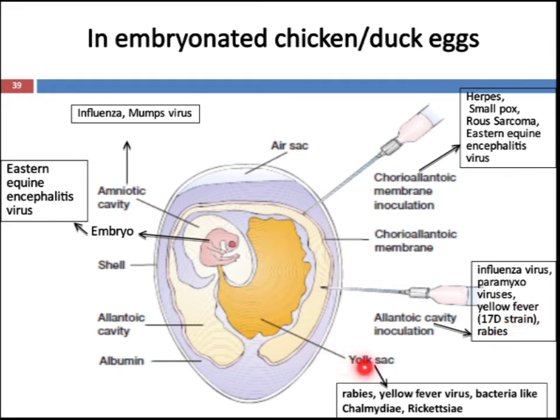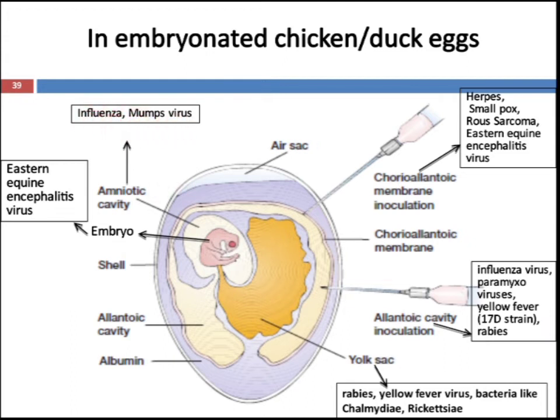And in yolk sac, we will inoculate with rabies virus, yellow fever virus and bacteria like chlamydia and rickettsia. And in embryo, we will inoculate with Eastern equine encephalitis virus, and in amniotic cavity, we can inoculate the influenza virus and mumps viruses.